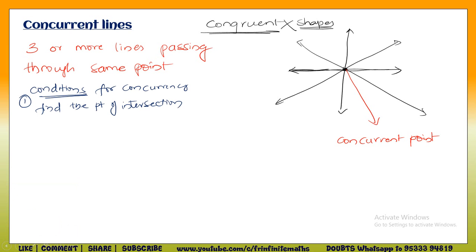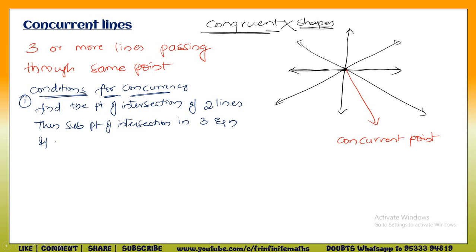Already we have discussed this, right? Then substitute the point of intersection in the third equation. If it satisfies, then the lines are concurrent.